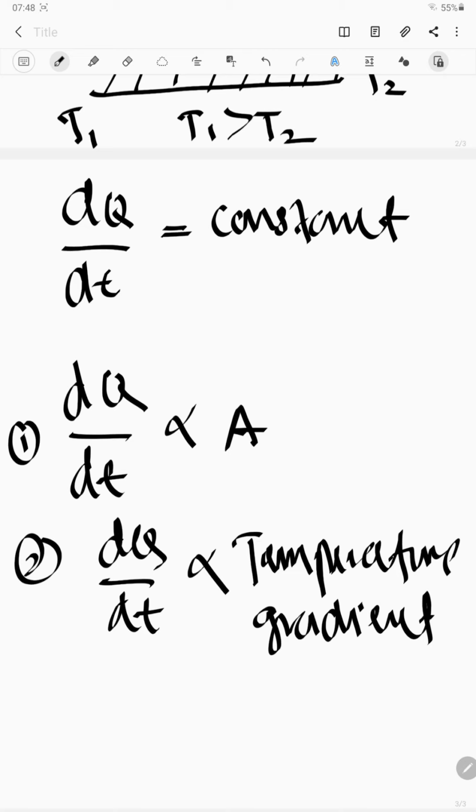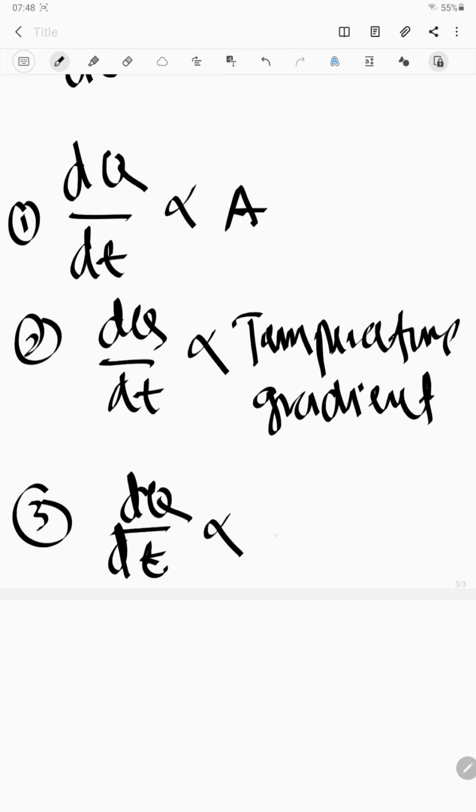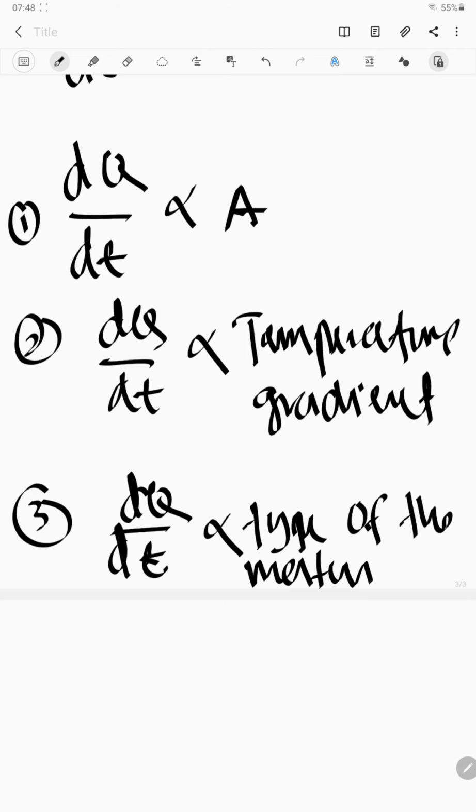Faktor yang kedua yang akan mempengaruhi the rate of heat flow adalah temperature gradient. And the third one adalah type of the material made by the rod. Sama ada material tadi diperbuat daripada copper ataupun iron.